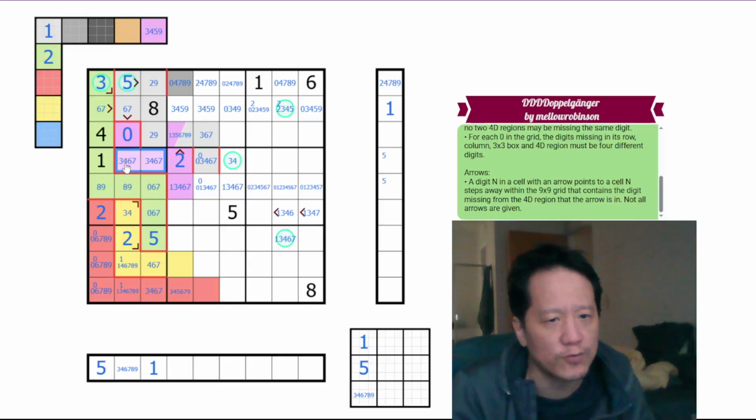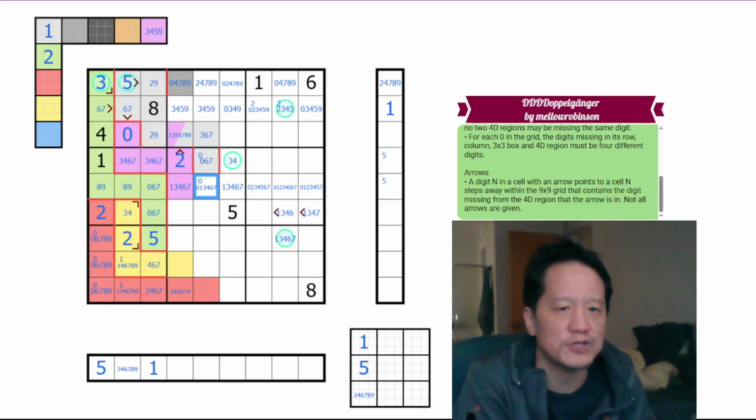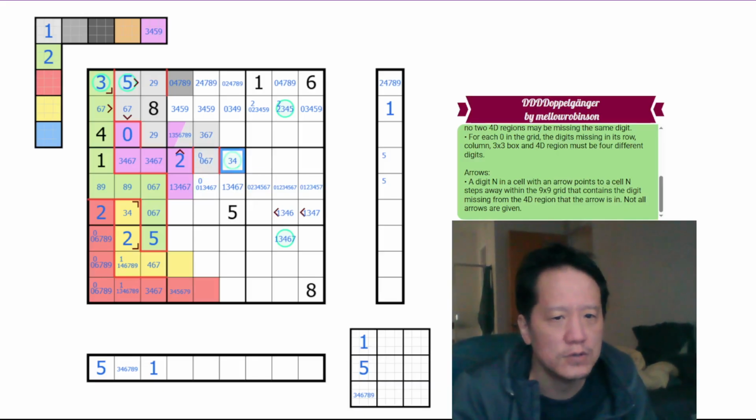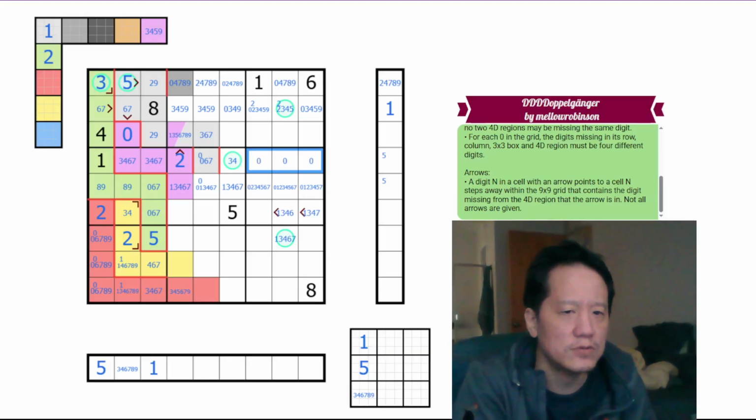There's definitely a 3 or 4 here, because we're missing a 5 in box 4. So the 3 or 4 is here. This is 3 or 4. That eliminates 3 and 4 in the rest of the row. So this must be... Then the remaining digits are 0, 5, 6, 7, 8, and 9. And this can't be 6 or 8 because of 6 or 8 in the column.